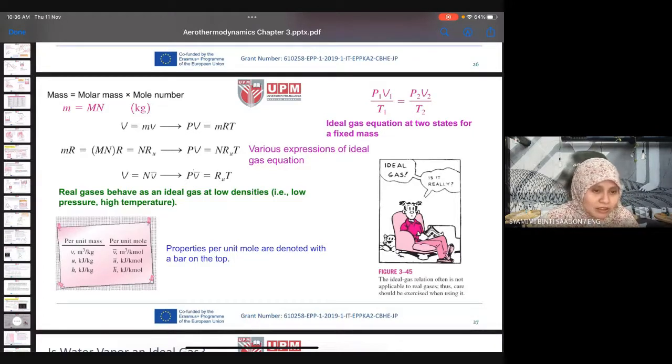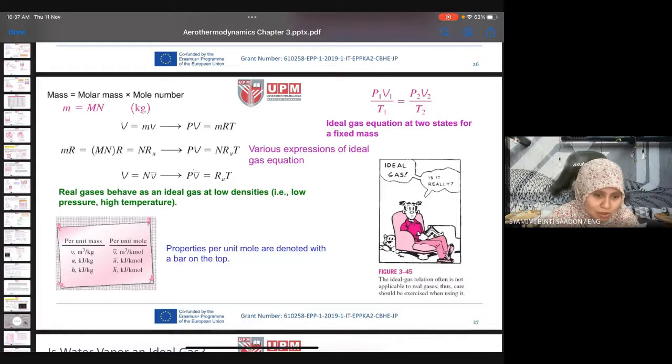But we use per unit mass more frequently. Maybe in chemistry they use per kilomole, but in mechanical or aerospace, we usually use per unit mass. So those are the equations to change from kilogram to kilomole.